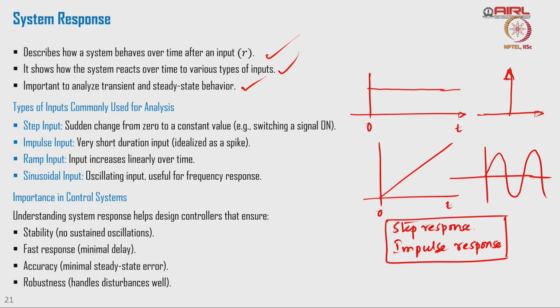Understanding the system response can help us design the controller in a specific way, so that it can enhance stability, give a faster response, give a more accurate response, and sometimes enhance the robustness. That means it can handle external disturbances well.